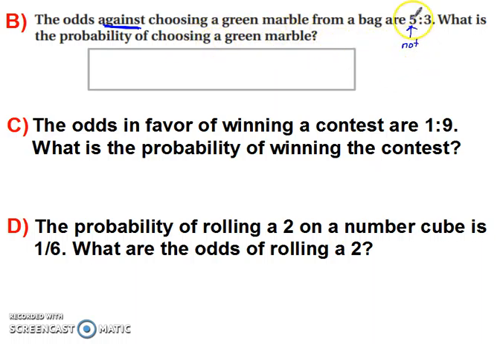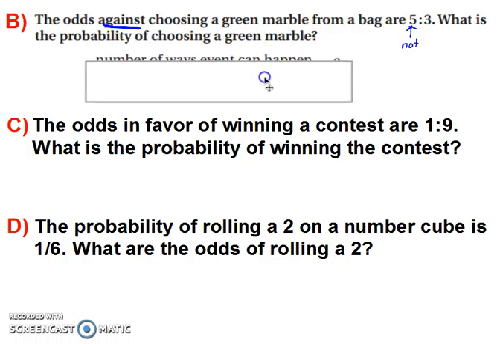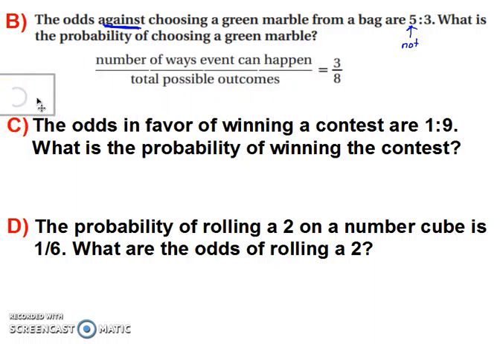So that's not going to be your green. So your green is your 3. So the probability or the number of ways the event can happen is 3. The total possible outcomes are 8. So the number of ways the event can happen are 3, and the total possible outcomes are 8.